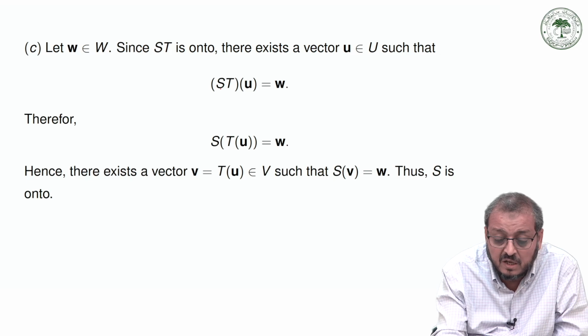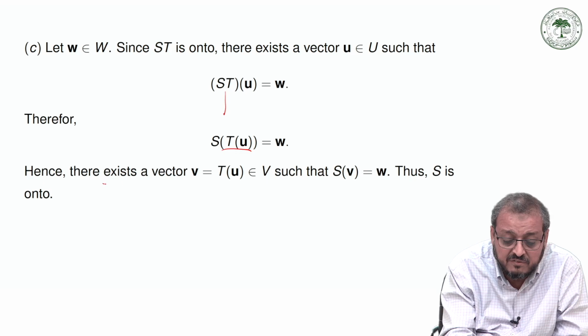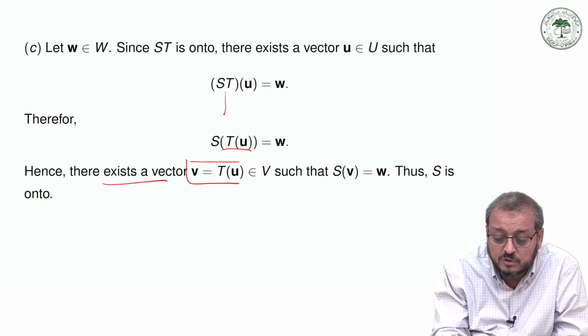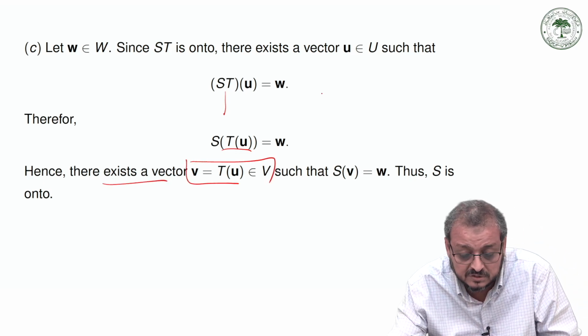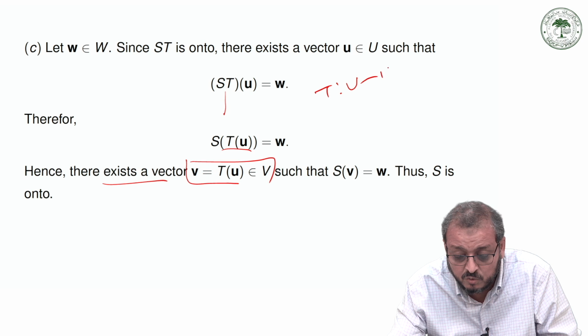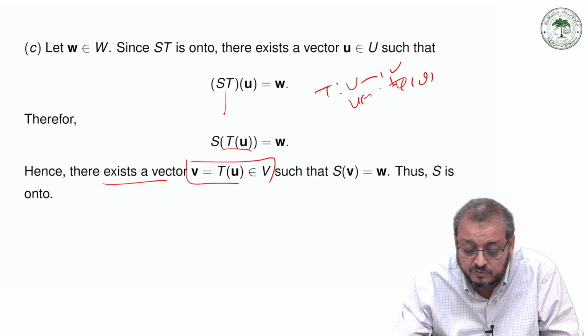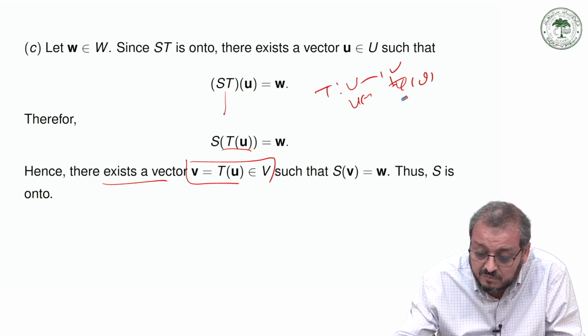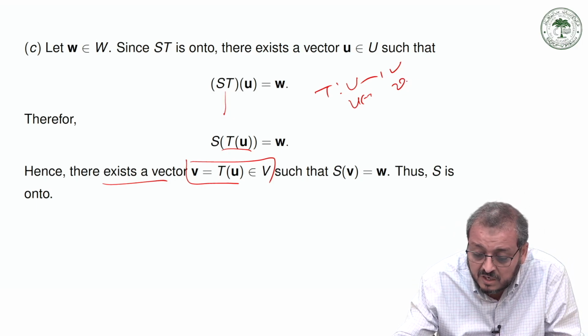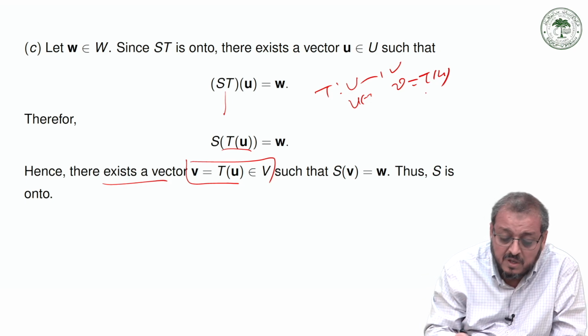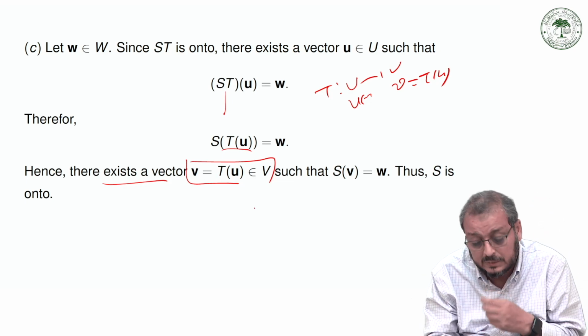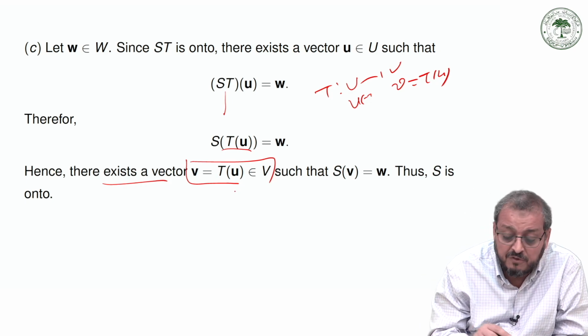And now by the definition of composition, STU is equal to W. Now T is a map from U to V, so if U is an element of U, there exists an element T of U in V. So V can be written in the form T of U, which is an element of V.